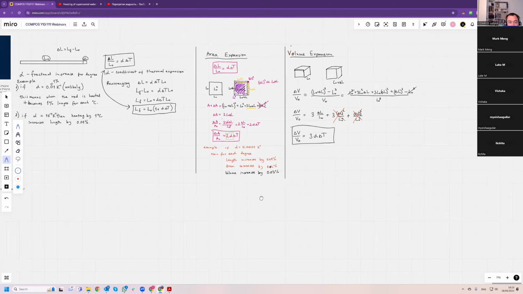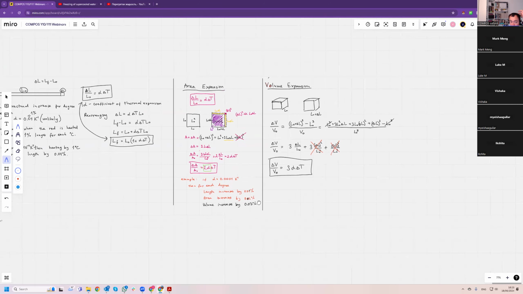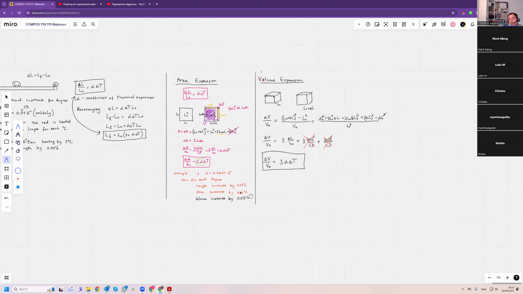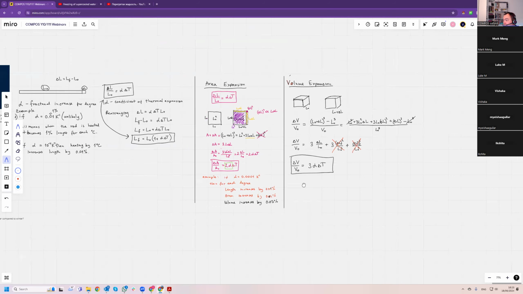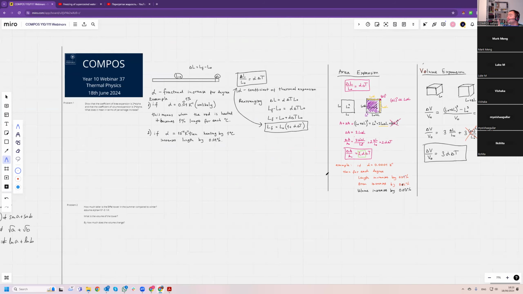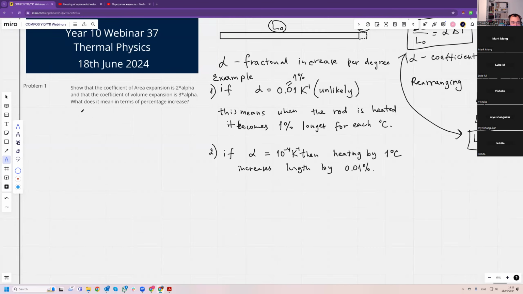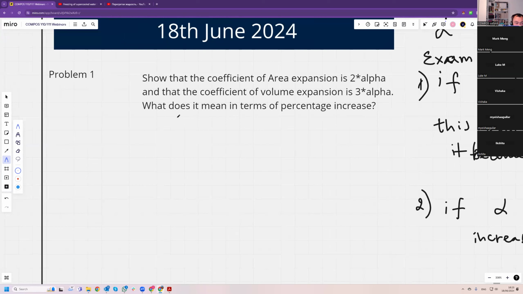All right, so the coefficient of volume expansion is 3 times the coefficient of linear expansion. This is very similar to scale factor, area factor and volume factor. What does it mean in terms of percentage increase? Well, that's what it means. So let's sum this up.